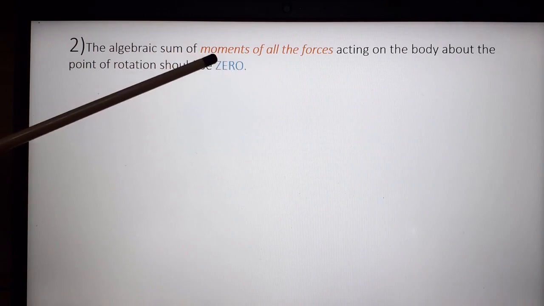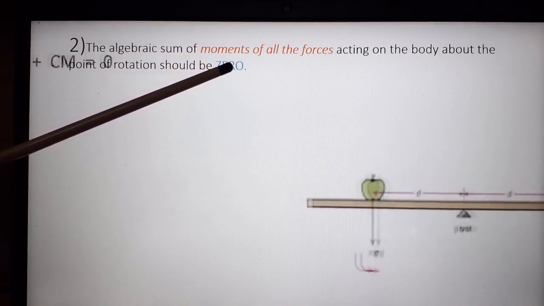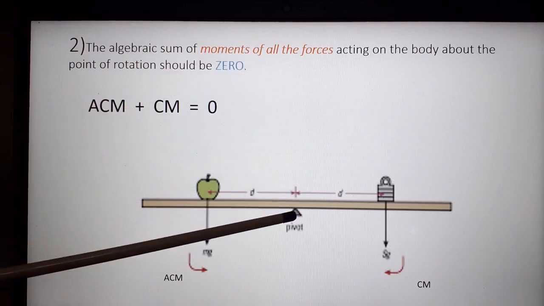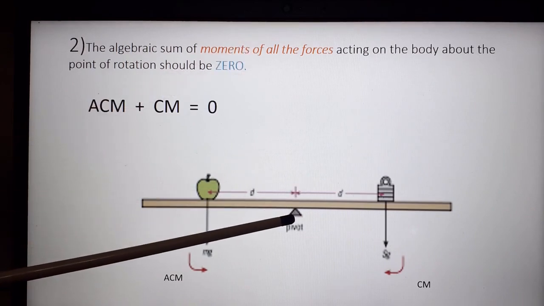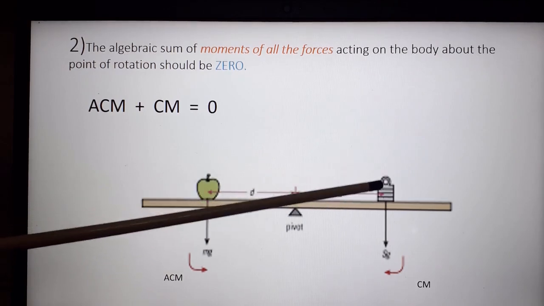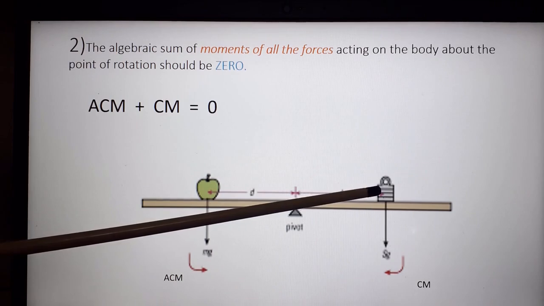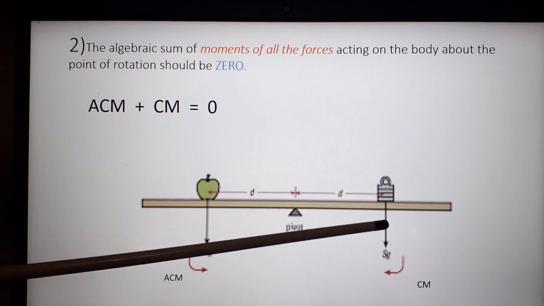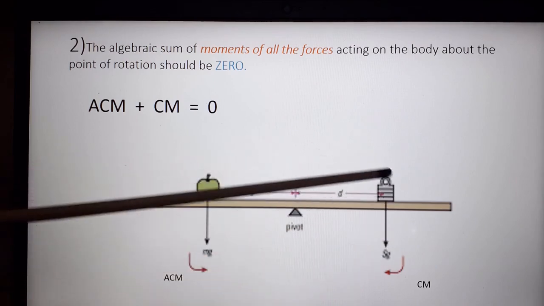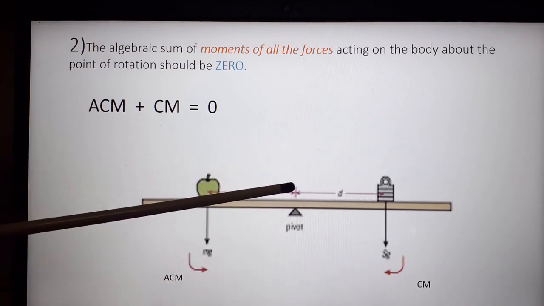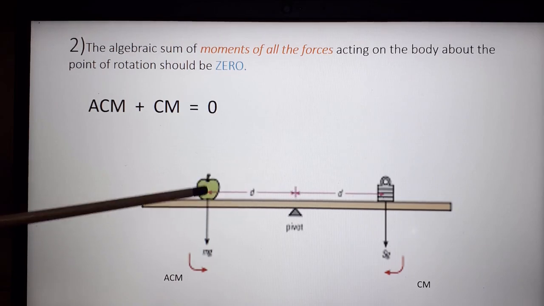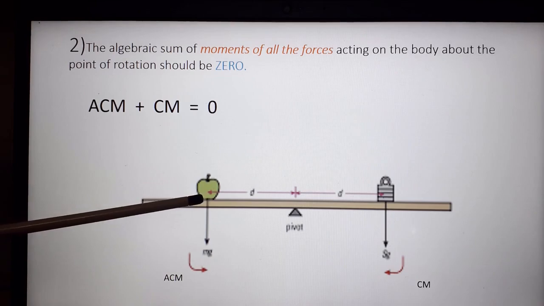Next is algebraic sum of moments of all forces. As we want to talk about moments, we are taking an object which is pivoted at a point. Consider a beam which is pivoted at its center. Now if we use the standard mass, then the weight of this object applies force on the beam and it produces a clockwise moment. At the same distance from the pivot, we are keeping an apple on the left side.